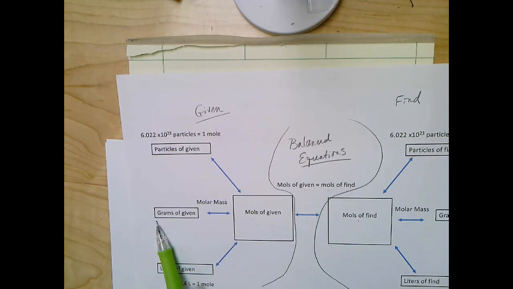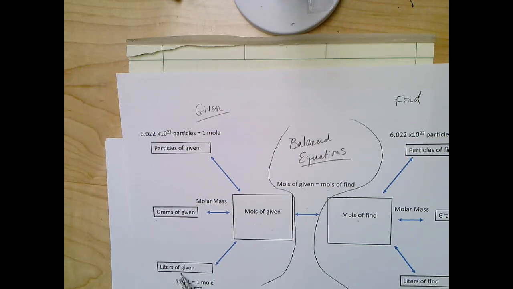If I start with grams and end in moles, I would need 2 conversion factors. And so each arrow that you go over is a conversion factor. And so that's why this chart will be very helpful, because you can say, okay, I'm here, I'm going to need 1, 2, 3 conversion factors if I want to go here.